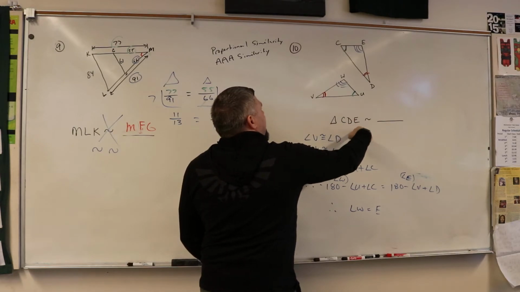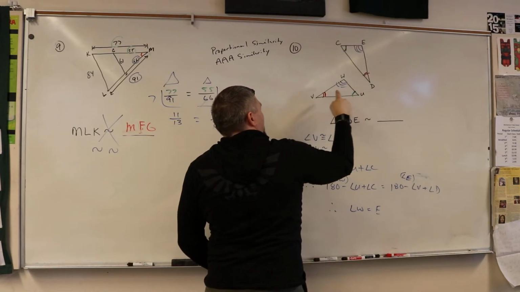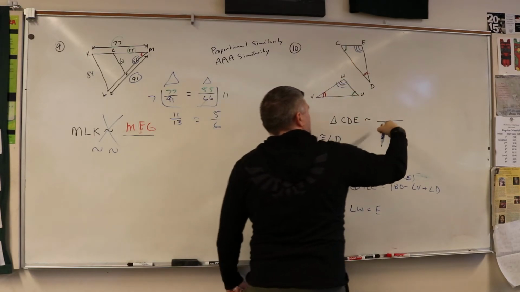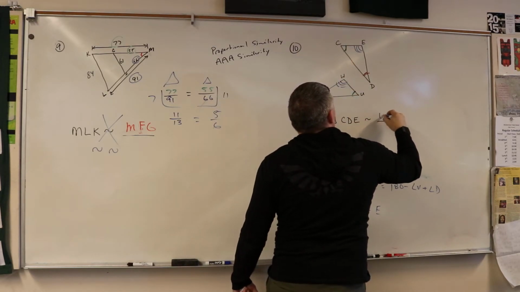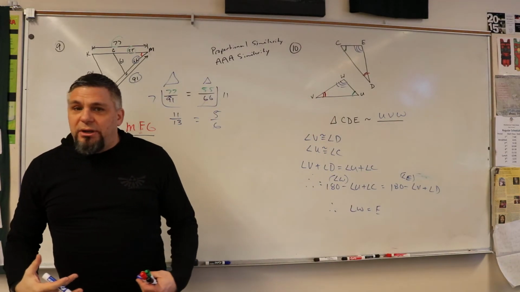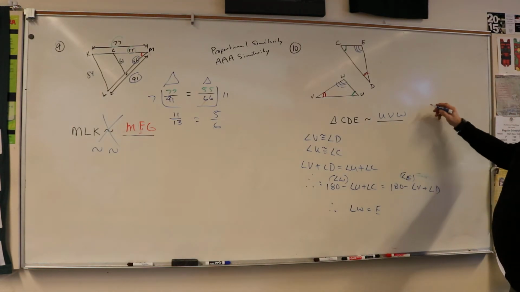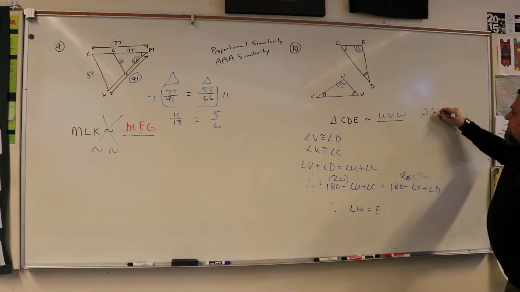So CDE, green, red, blue, we would go U, V, W. They are congruent, or I'm sorry, not congruent, they are similar. Why are they similar? Because of angle.